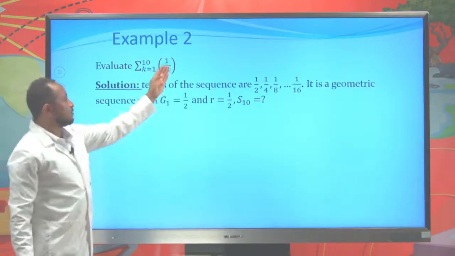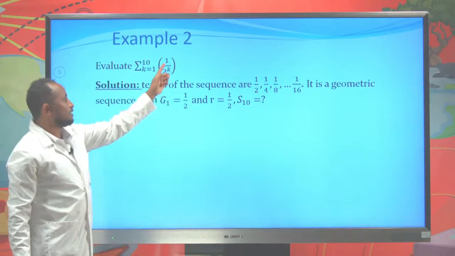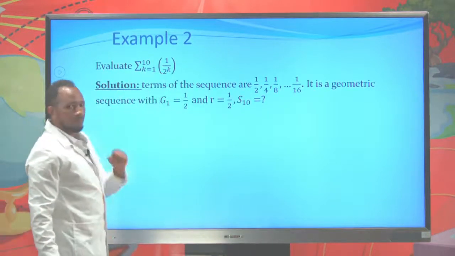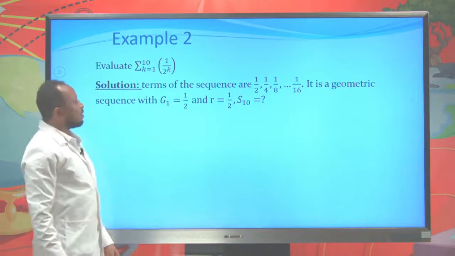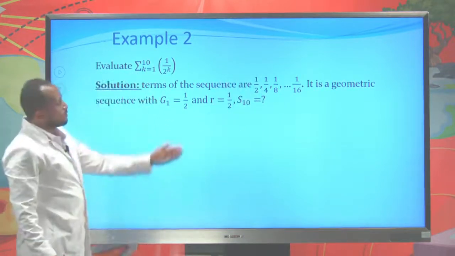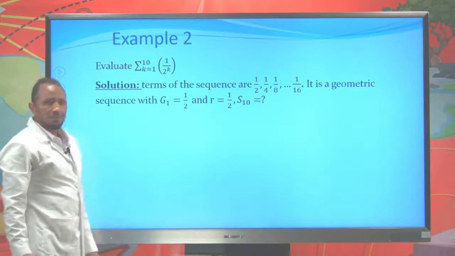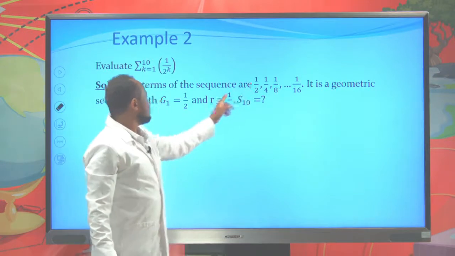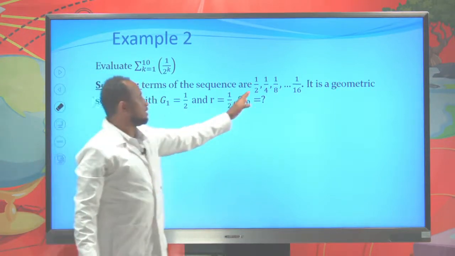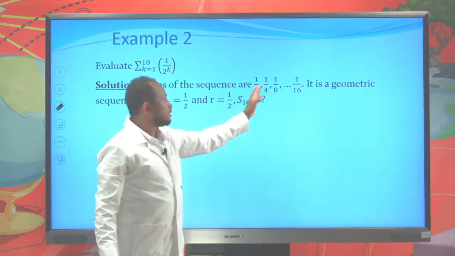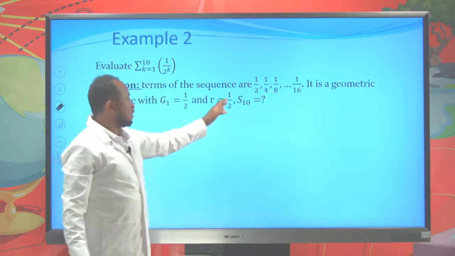The first term, put 1 here, you get 1 over 2. The second term, put 2 here, it is 1 over 2 squared, which is 1 over 4, and it goes on like this. It is a geometric sequence with first term 1 over 2, and the common ratio, taking 1 over 4 divided by 1 over 2, is 1 over 2.